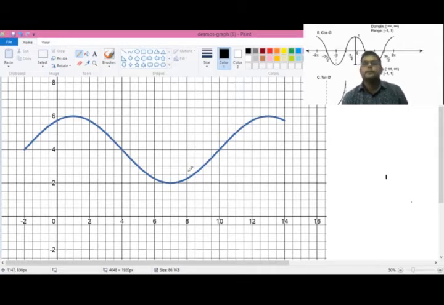Okay, so first of all, I'm assuming this is the graph of a cosine function. So in general, I will consider one equation like this: y equals a cos(bx plus c) plus d. Here the translation along the y-axis is represented by d.